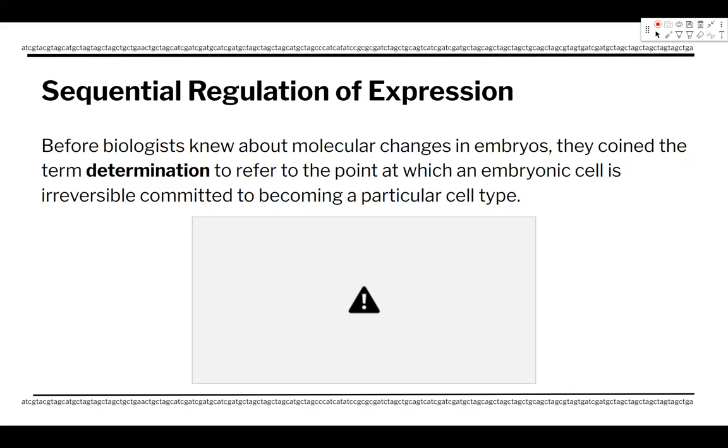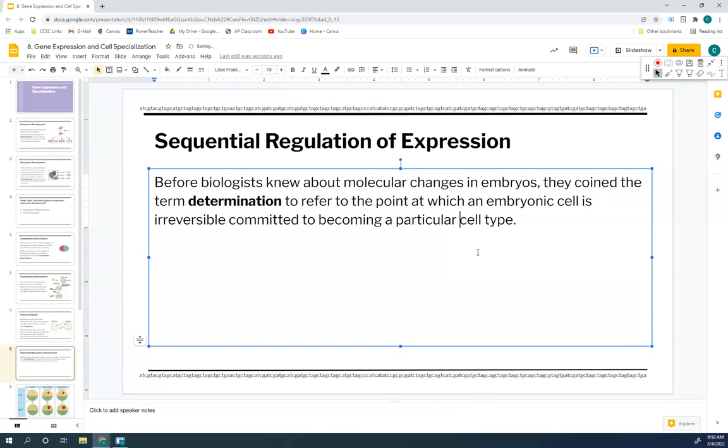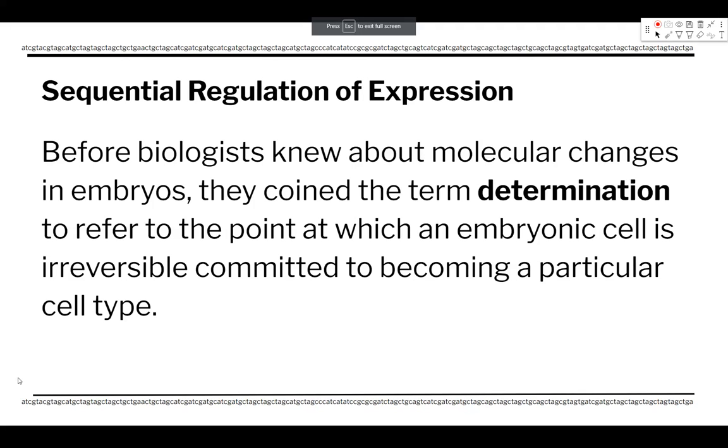Before we knew about a lot of the molecular biology that goes into development, all we knew is that at some point during development, a point that biologists coined determination, all of the embryonic cells were irreversibly committed to becoming a specific cell type.